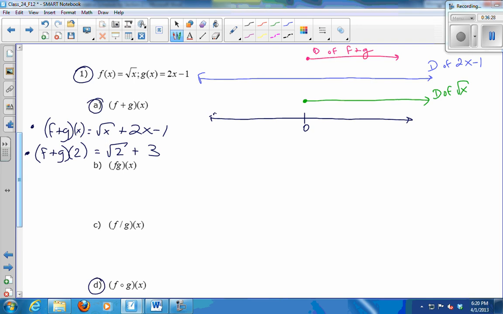You don't always have to draw the pictures for a simple example like this one, but very often they can get complicated quickly, and graphing the domains can really help.